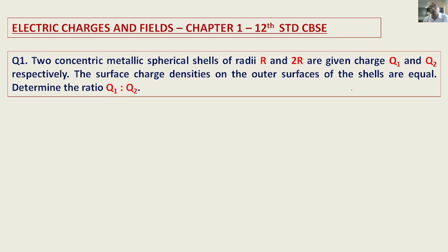We also know some of the properties of the charges, like additivity of charges. The charges can be added together. The total charge on a body, if separate charges Q1, Q2, Q3 are given to that particular body, is Q1 plus Q2 plus Q3. Another property is that charge is always conserved, meaning charge is always constant, it will not be lost.